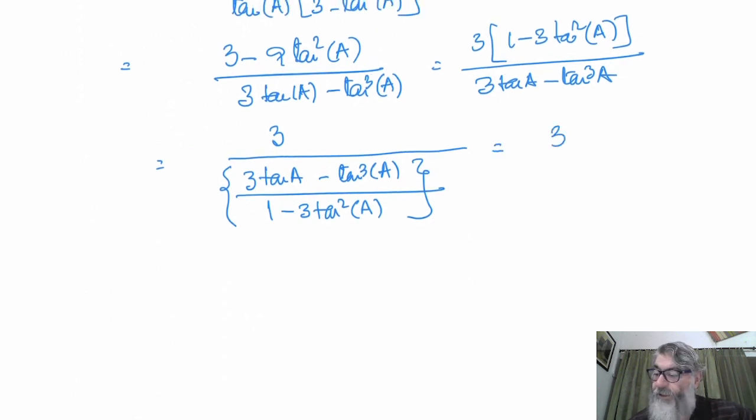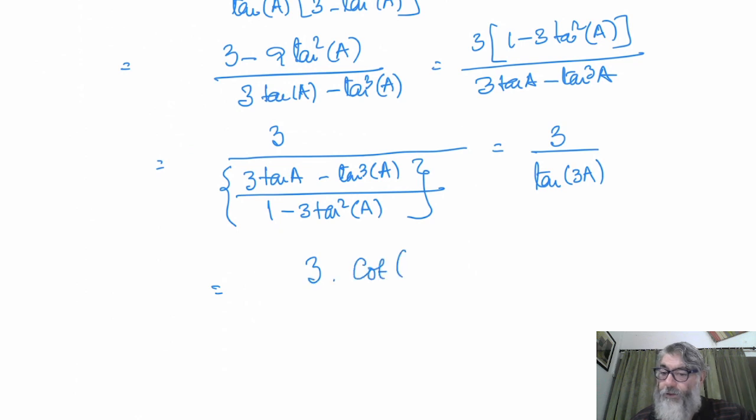It will be 3 upon tan 3A, and it will become 3 into cot 3A. So you have got the left hand side.